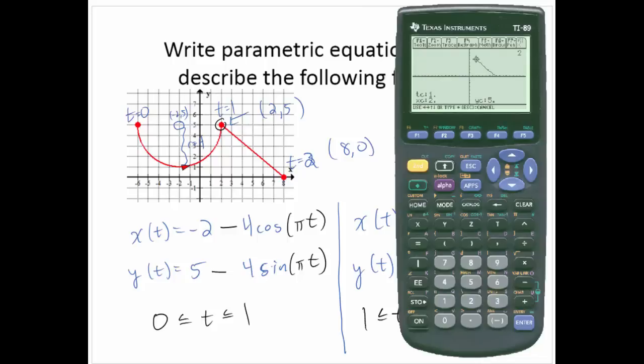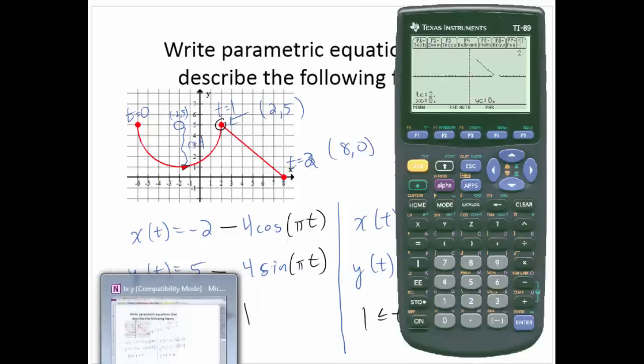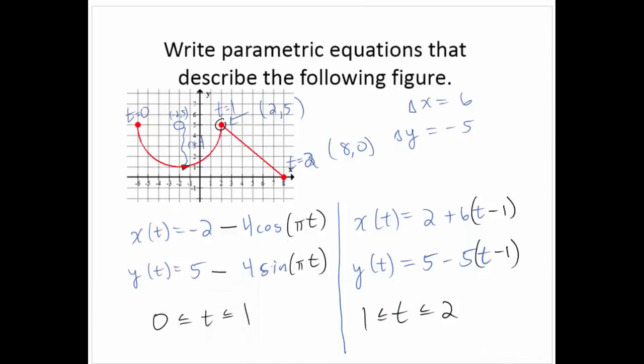It has the first point correct at (2, 5), and I'll just type in 2, and we do get to (8, 0). So those two sets of parametric equations will describe that figure. All right, that concludes the presentation for this section.